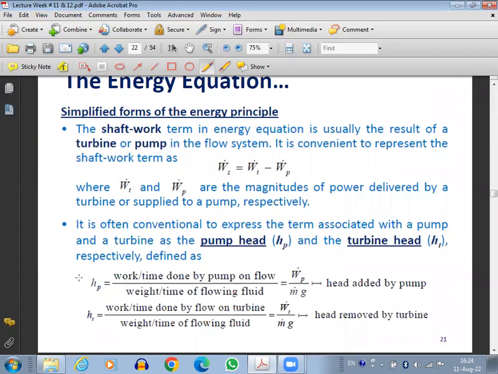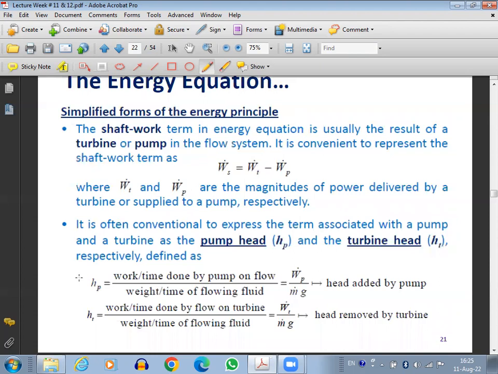You remember when we started fluid statics, we said that we can write equations in the form of pressures, where all terms will be in pressure units, or we can write it in the form of head. We had a piezometric head, the elevation head, kinetic head, hydrostatic head. These are all the heads that you have studied before.